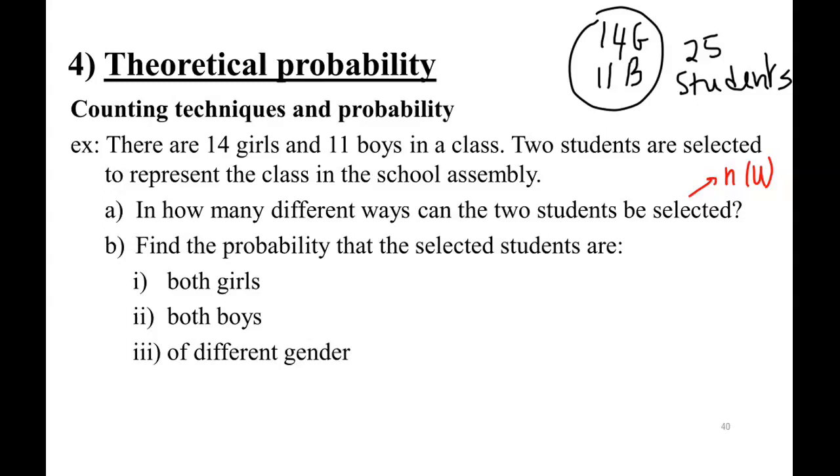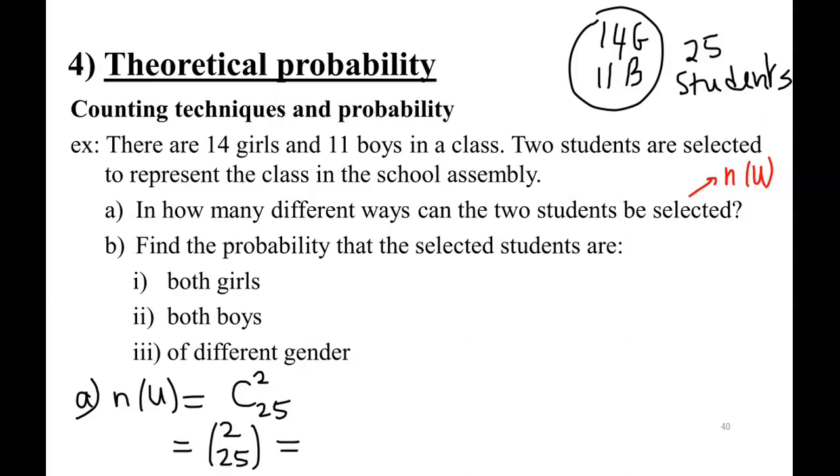So this is a combination of 2 out of 25. So for part A, n of u is basically the combination of 2 out of 25, which could also be denoted as 2 out of 25 vertically, which is equal to 300 using our calculators.